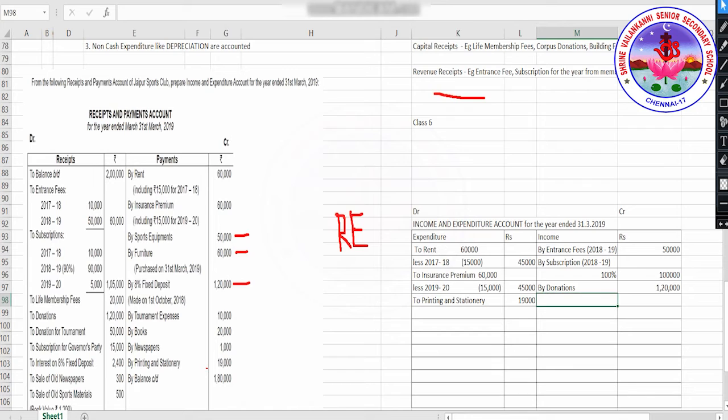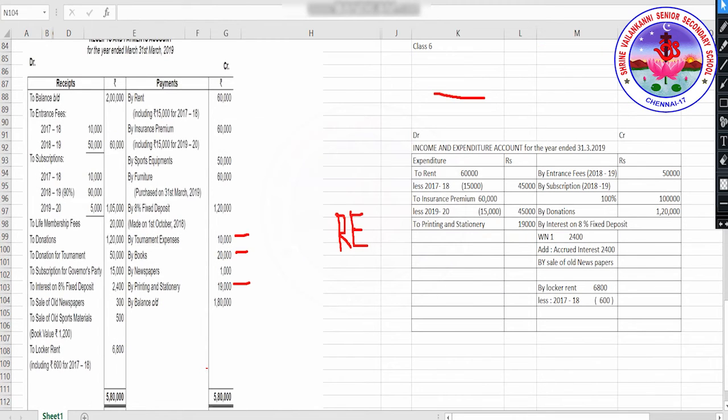Interest on 8% fixed deposit: yes, this is a revenue receipt. I have included by donations and by interest on 8% fixed deposit.